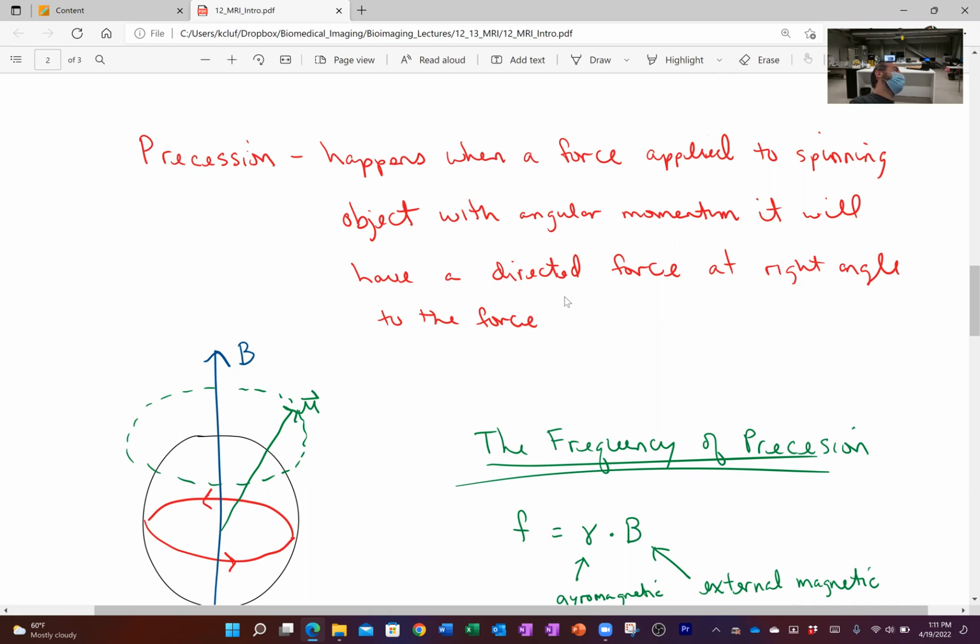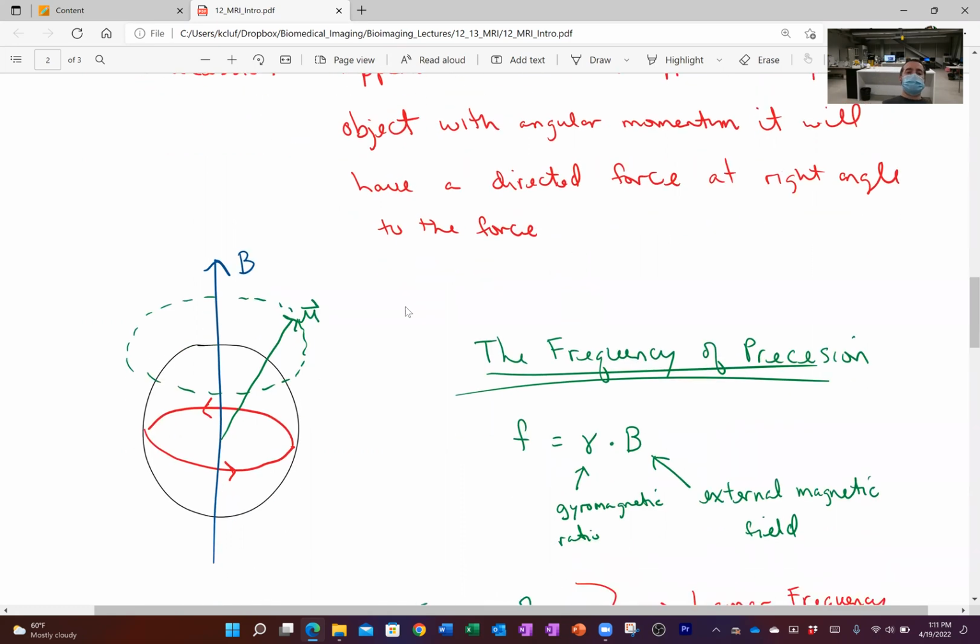Because a hydrogen atom is spinning, it's a charge going in a closed loop that produces a magnetic moment, and that magnetic moment is spinning. You put it in the presence of an external force, which is the external B field, and you'll get precession. This means the magnetic moment will start to spin about the external B field.